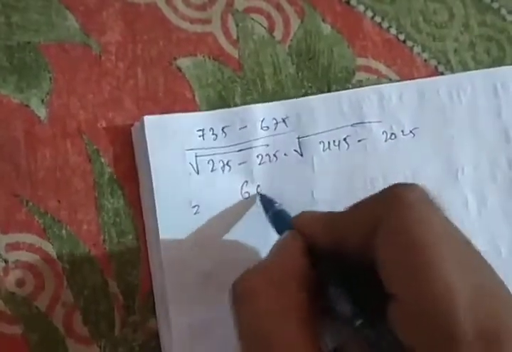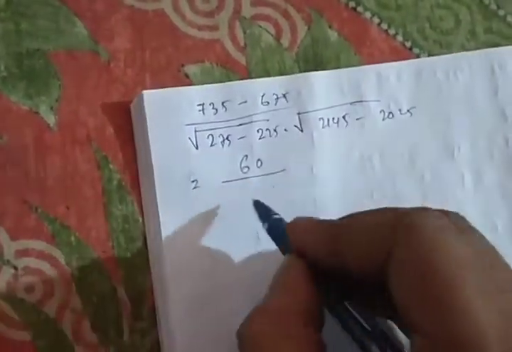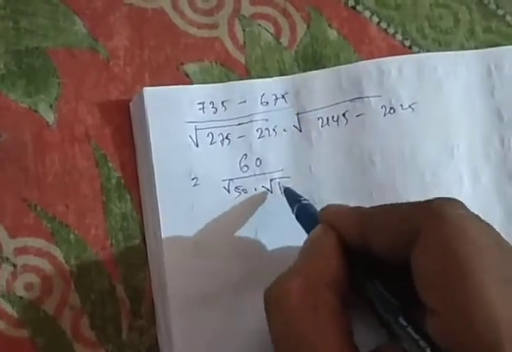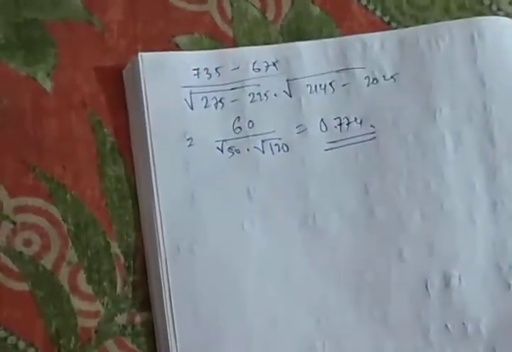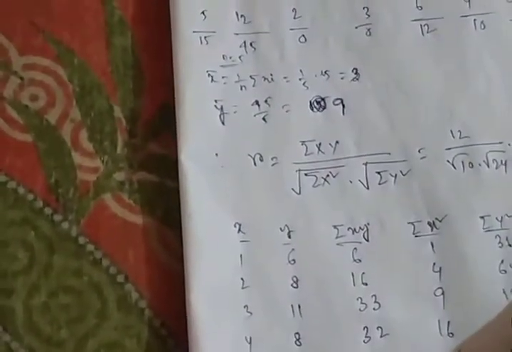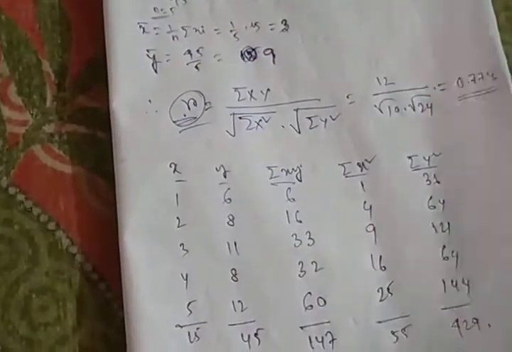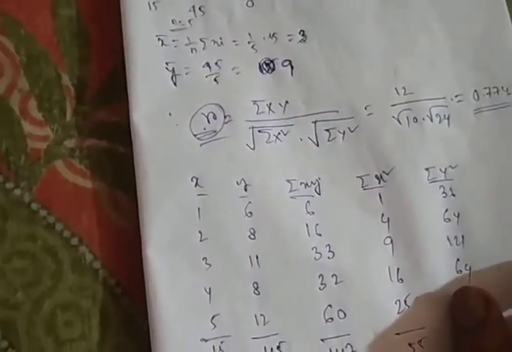So here we get 60 above, root 50, and root 120. After calculating you will get 0.774. This is exactly the value of the previous calculation, 0.774. So this is how we can find the value of the correlation coefficient. I will give some exercises for you to do as homework.